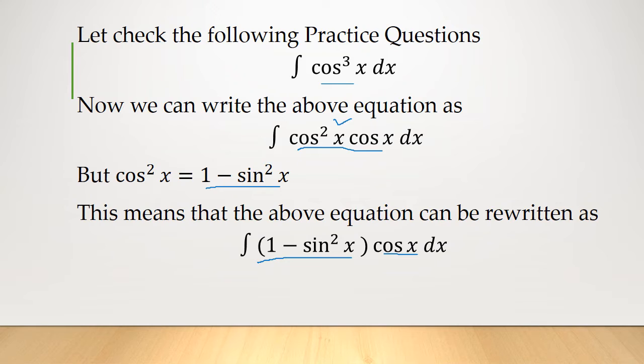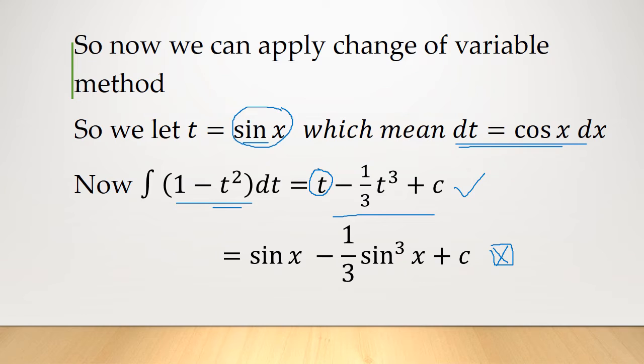If I substitute it at this point, you can see the integral becomes this. At that junction, we can introduce a variable t, and we let t become sine x.